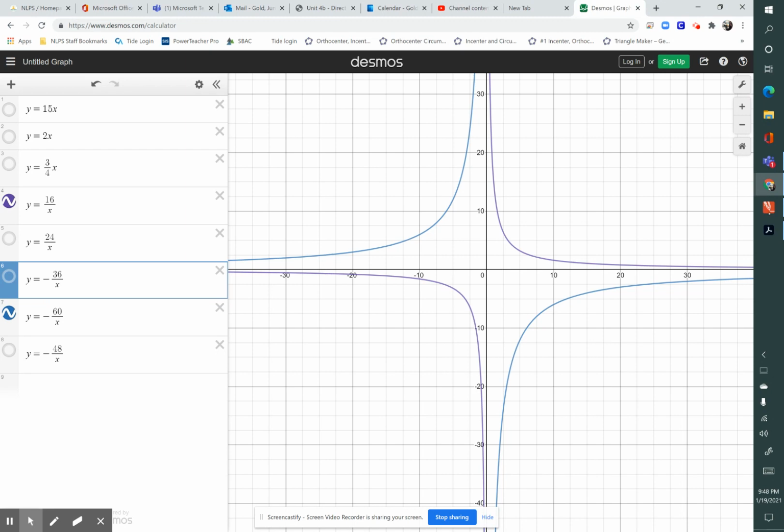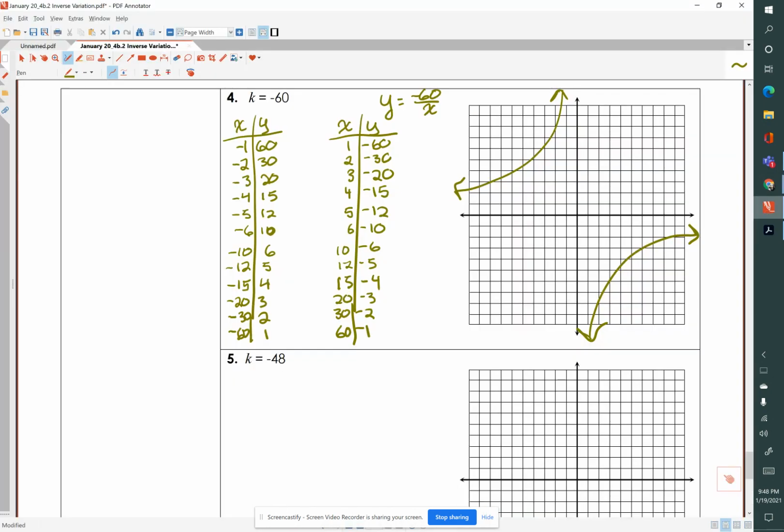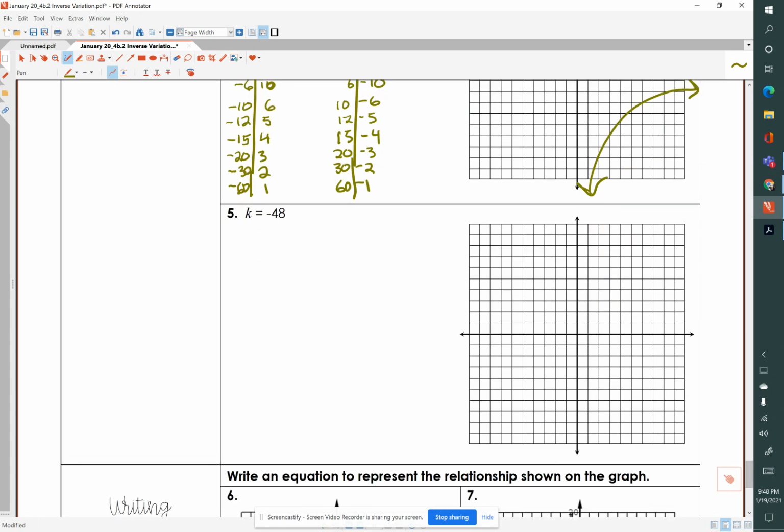Good job. So our final graph that we have to plot is k equals negative 48. So we have our x and y values.